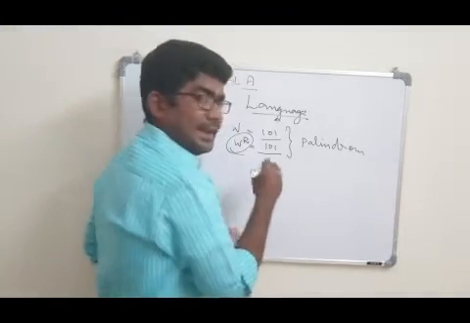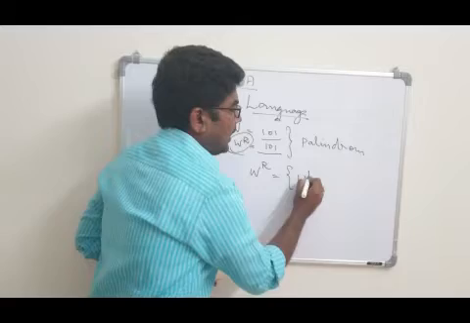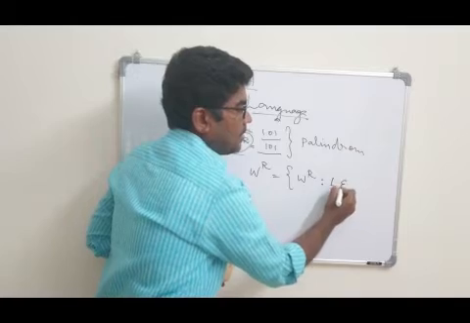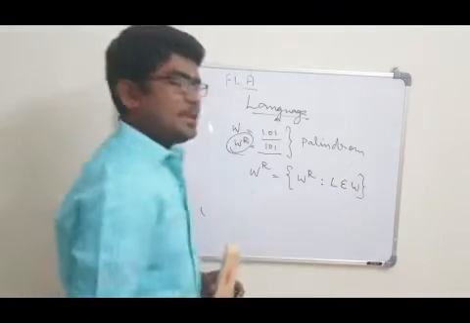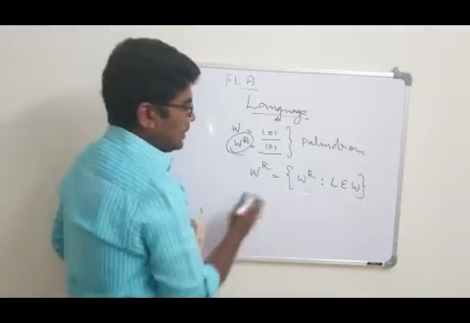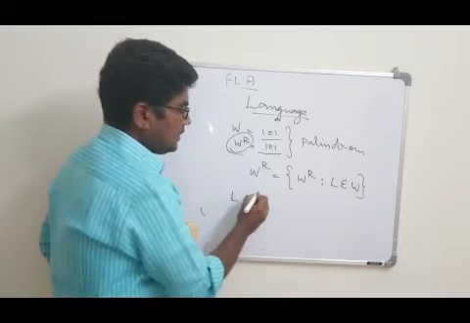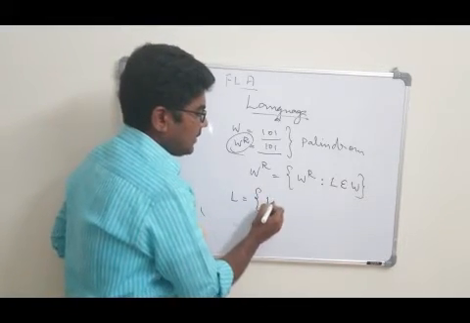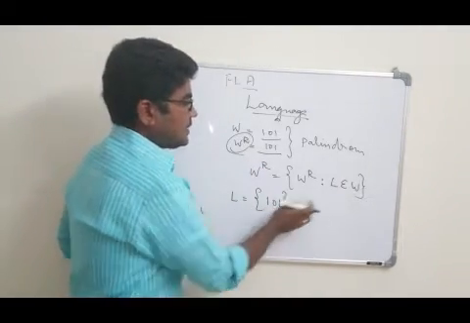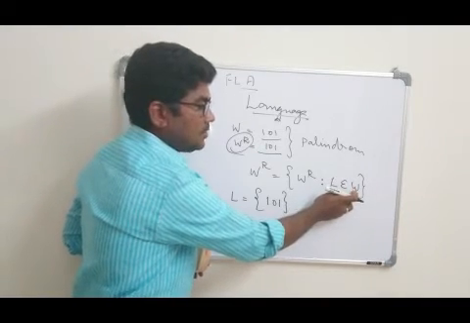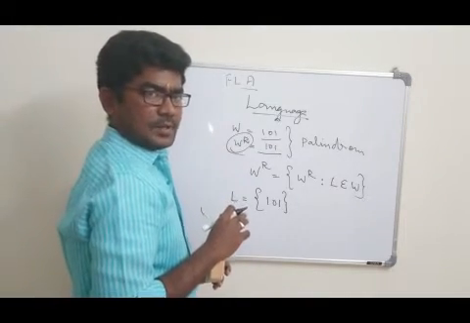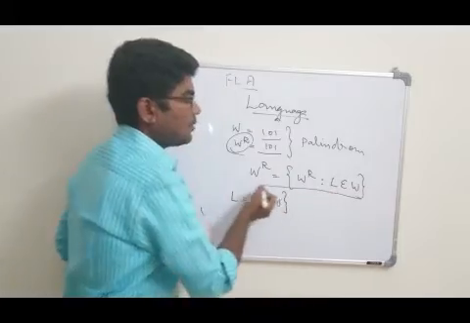Now we write W power R such that L belongs to W. L is already a language, a set of strings. Set of strings means I have a string called 101, so this L is 101. This L belongs to W, where W is similar to W power R, the reverse of the string. This is how we denote a language.